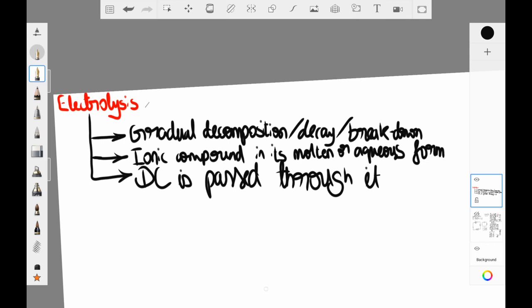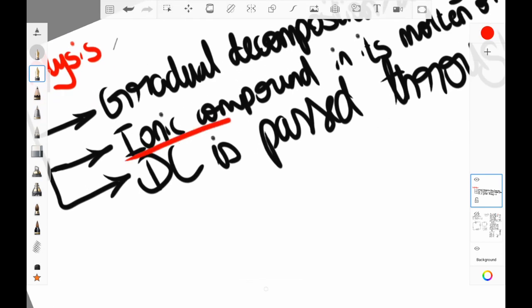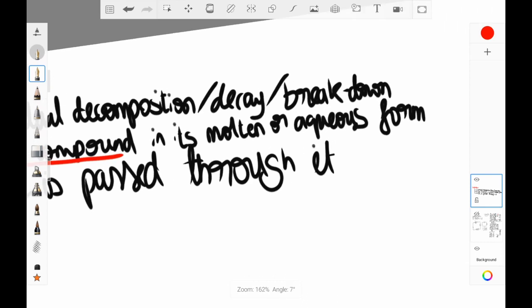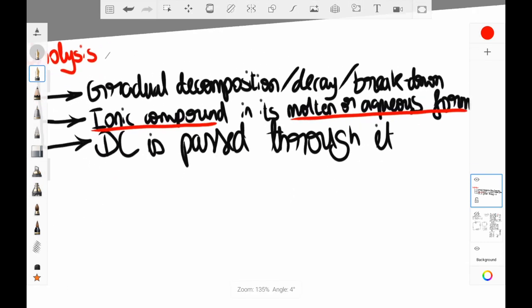So number one, you should mention that it's a gradual decomposition, or you can say decay or breakdown, but decomposition is the most optimal and preferred term. So it's the gradual decomposition of an ionic compound in its molten or aqueous form. Mentioning ionic compounds and also the state they are in is very important.